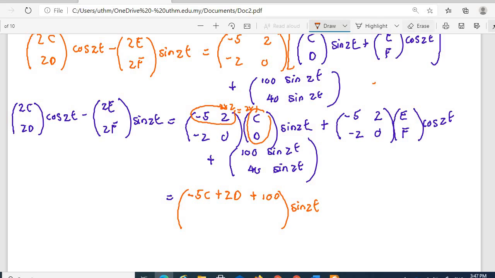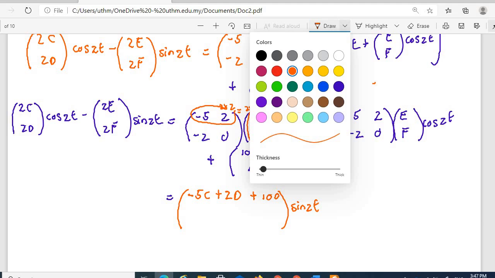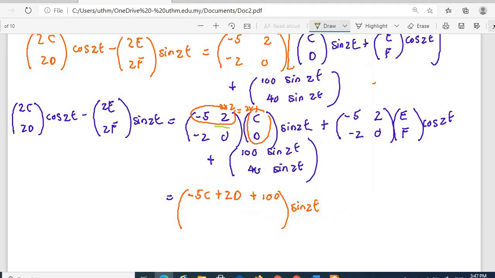Later on, take the second row times first column. So you get negative 2 times C, plus 0 times D. You have only negative 2C. Okay, collect, because this is sin 2t, this is also sin 2t, so plus 40 sin 2t.